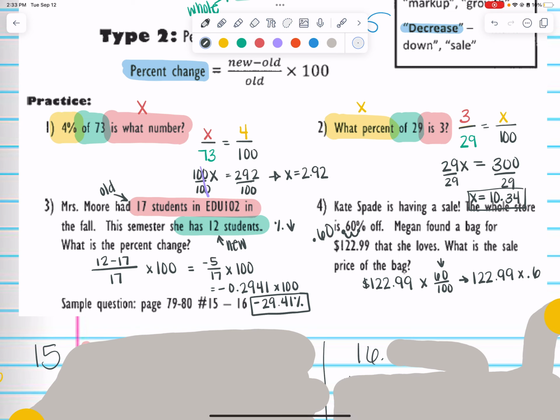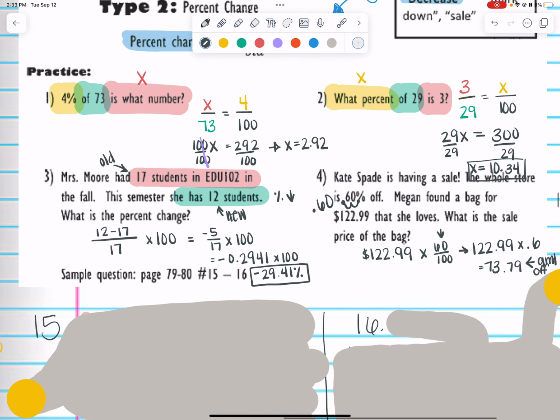That is that thing in a decimal. So 122.99 times 0.6 gives me 73.79. I rounded to 2 decimals because it's money. Now, that is not the sale price of the bag. That is the amount off. So that's how much I am saving.